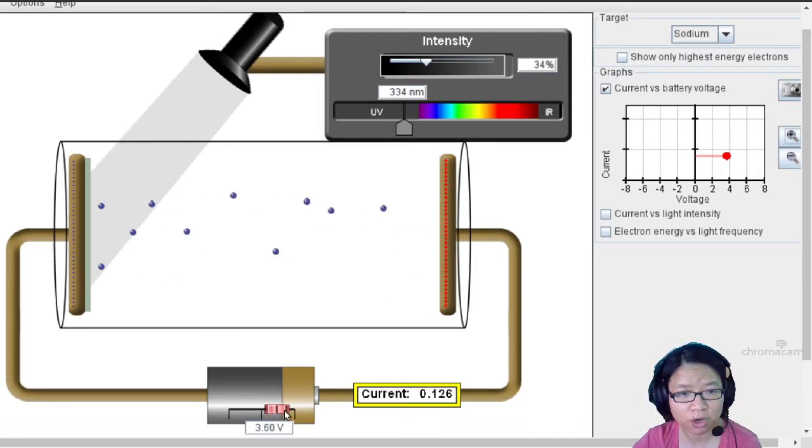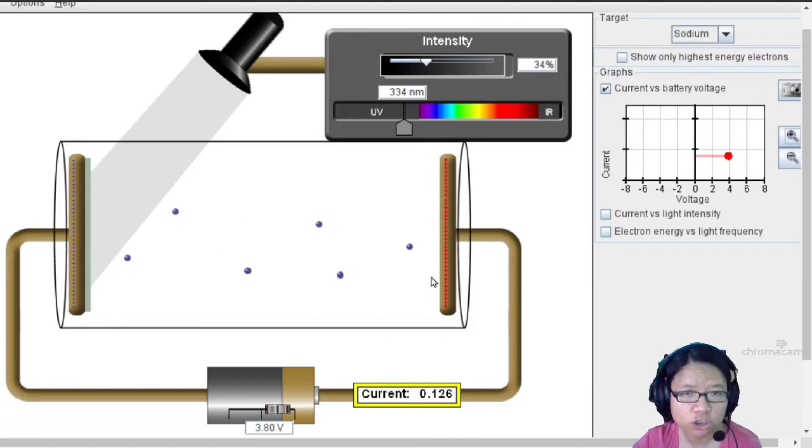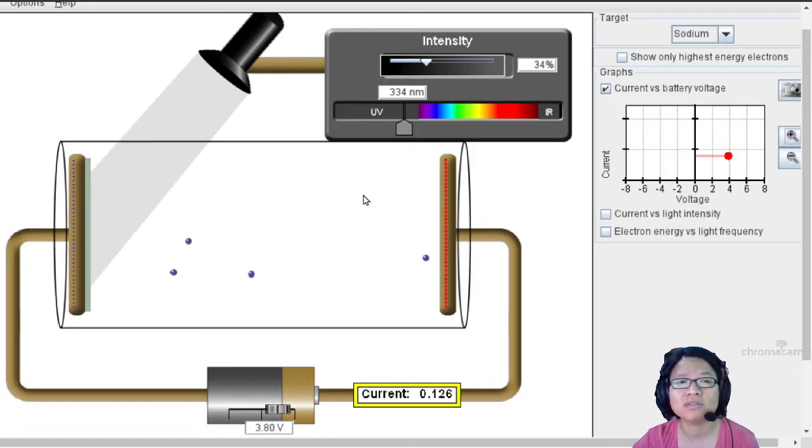Of course, if I make it more and more positive, the electrons will arrive faster and faster. But it doesn't change the current because the number of electrons arriving per unit time is still the same. It's just that now they are traveling faster. But the number of electrons is still the same.